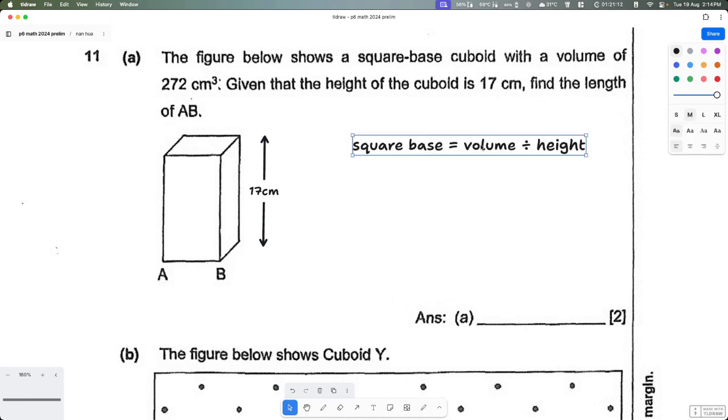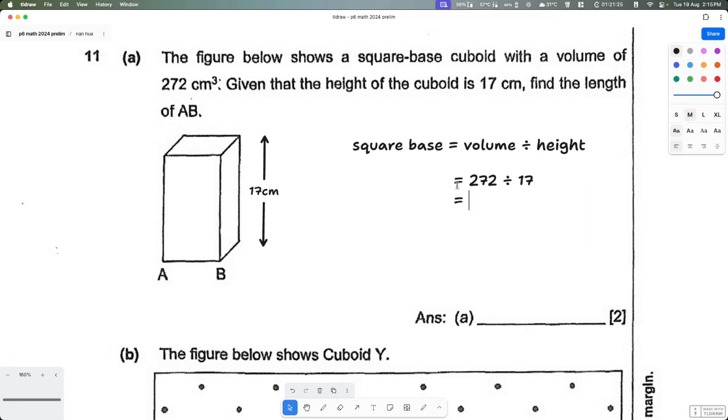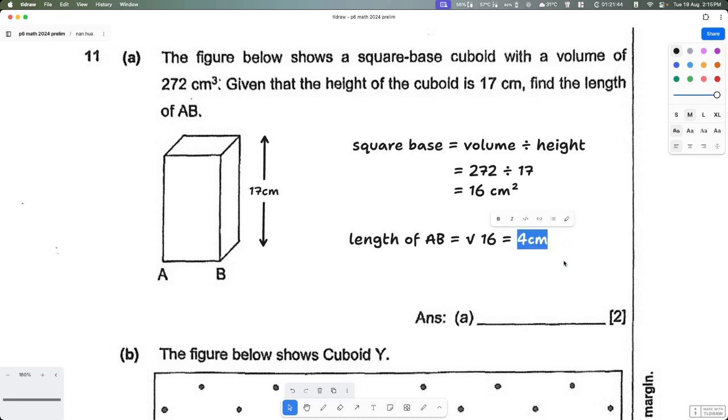So this is equal to 272 divided by 17, and this will give us 16 centimeter square. So in this case, the length of AB is equal to root of 16, which is equal to 4 centimeters. So the answer is 4 centimeters.